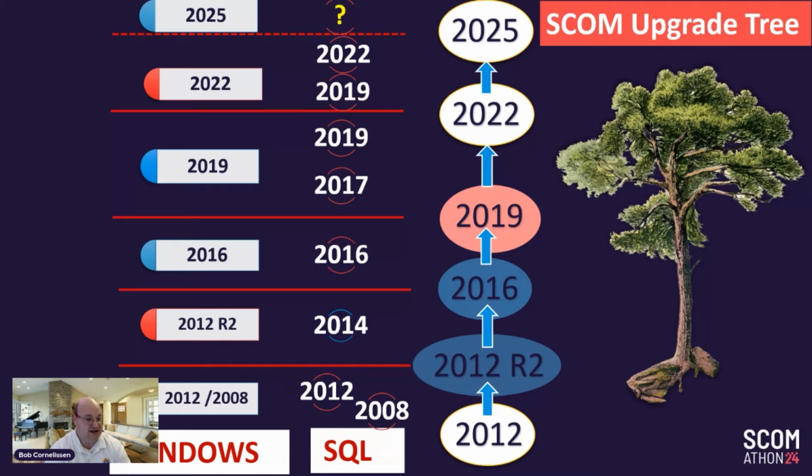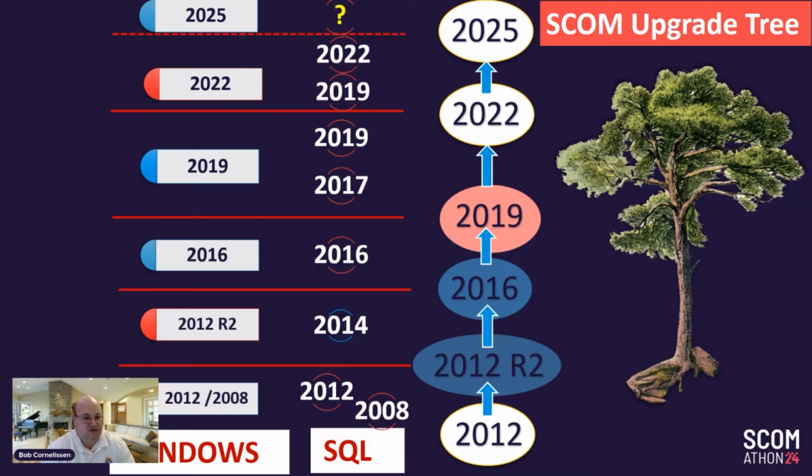Because it is likely, most likely, that you can support SCOM 2025 on those platforms, on Windows 2022 and SQL 2022 at the very least. For example, support for SQL 2017 would be very uncertain at this point because it's already 7 years old, going on 8.